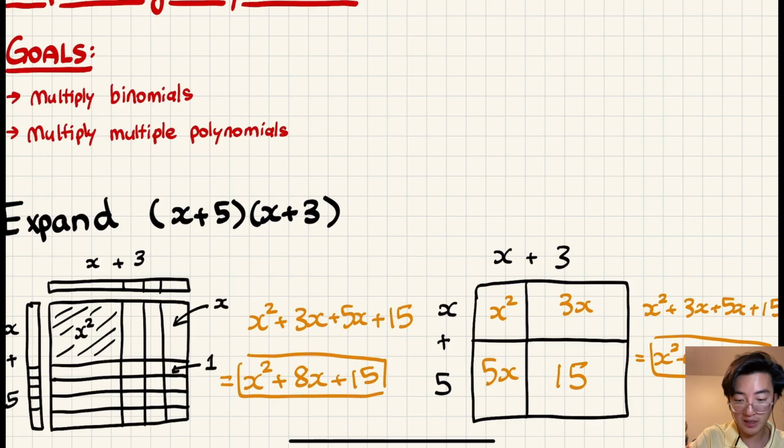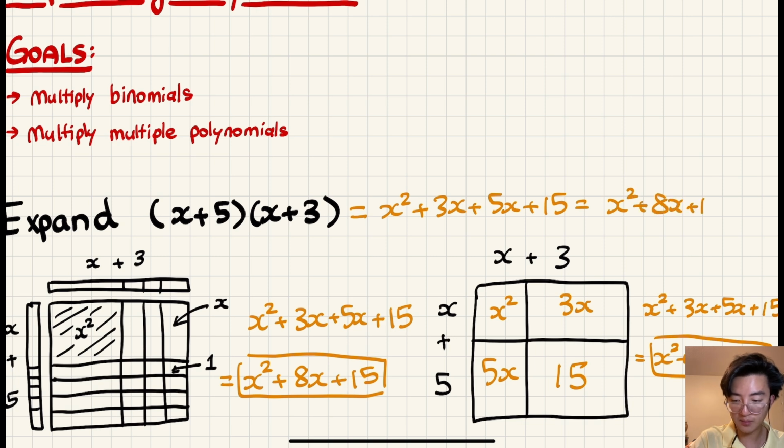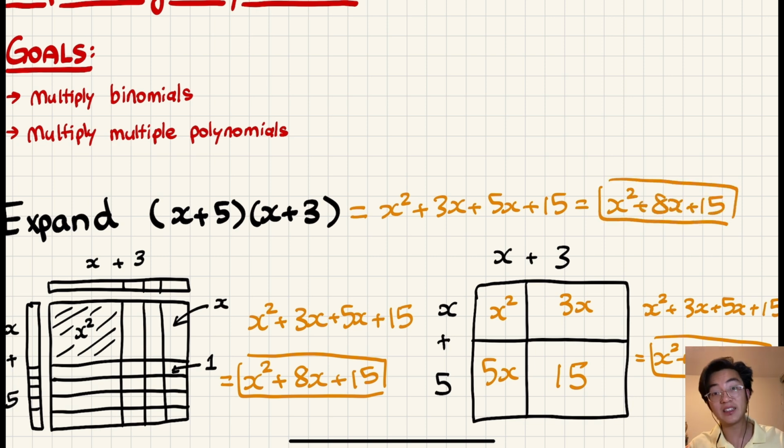As illustrated by both diagrams, x plus 5 times x plus 3 is x squared plus 3x plus 5x plus 15, getting us x squared plus 8x plus 15. From here, we can actually notice a pattern. We don't need to rely on diagrams anymore because we can multiply the first term of the first binomial by the first term of the second binomial. So x times x, we get x squared.